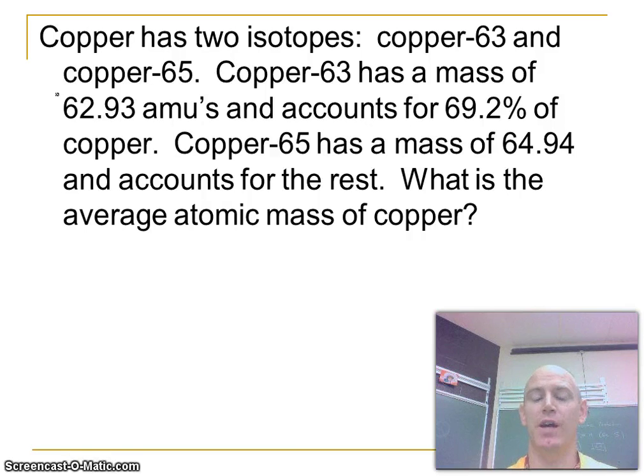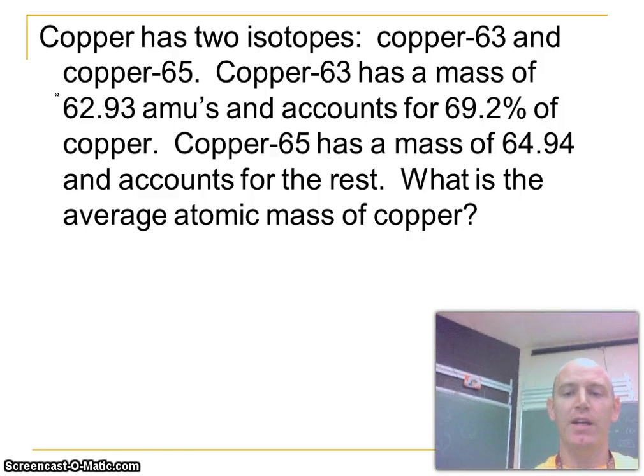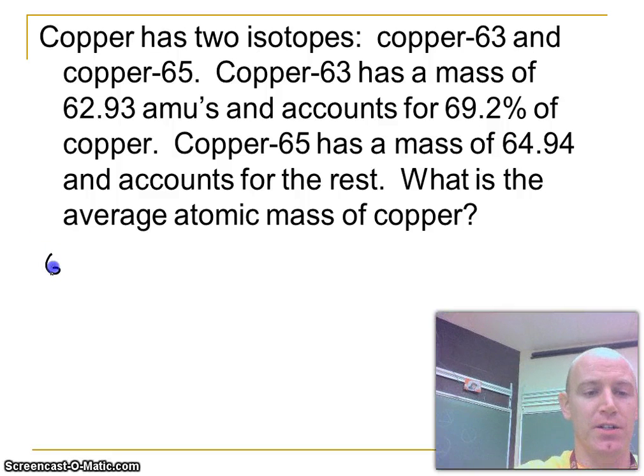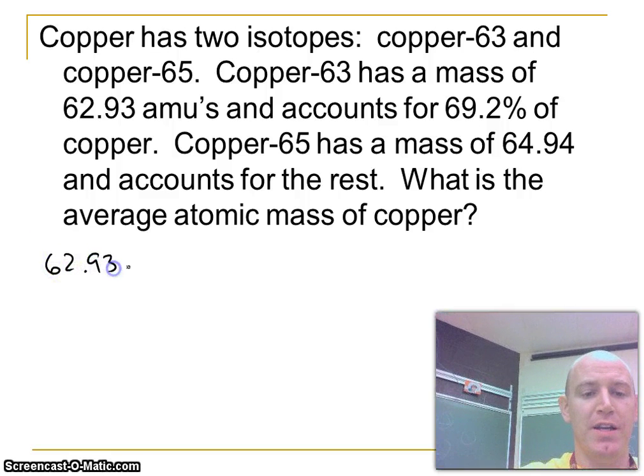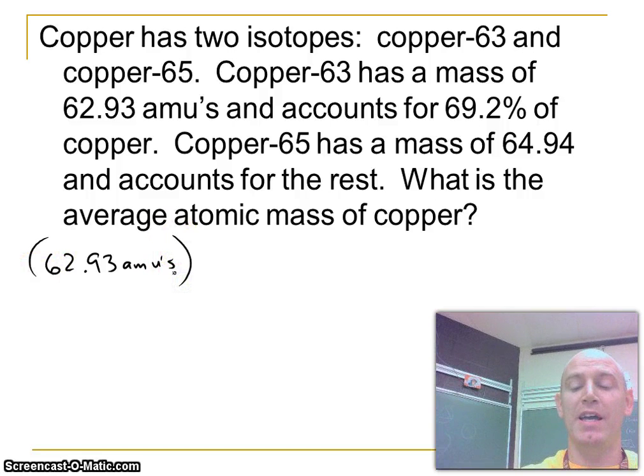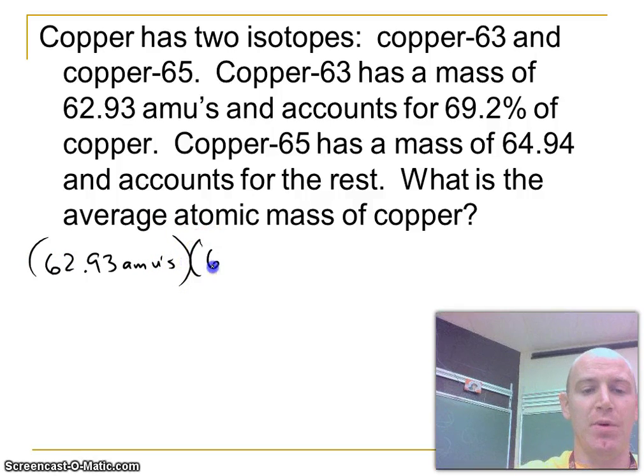Well, the way to do a weighted average is that you basically multiply what you're trying to average by its weight. So in this case, we're doing weights by percentage. I'm going to take 62.93 AMUs and multiply that by its percentage, which is 69.2%.